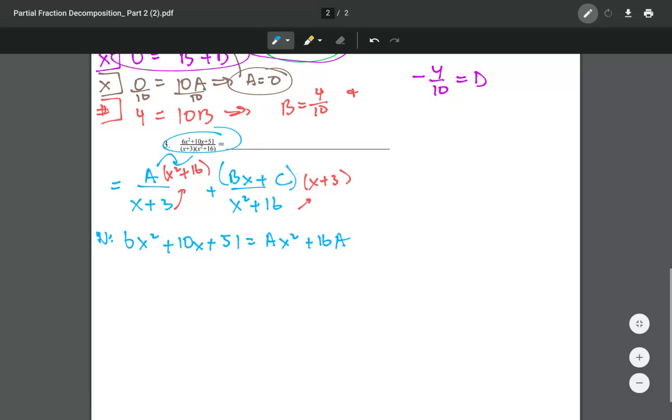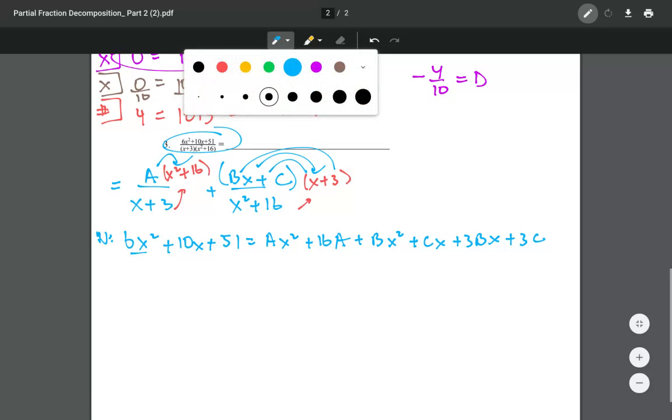And then I'll go ahead and FOIL this guy. So we get plus b x squared plus cx, that's this one, plus 3bx plus 3c. Okay, so now we've got our highest degree is x squared. So let's go ahead and start working through these, comparing our coefficients.